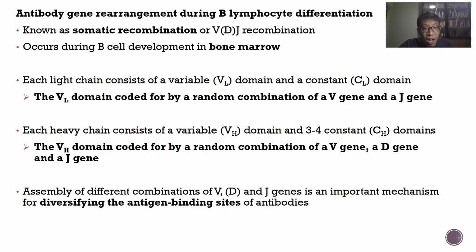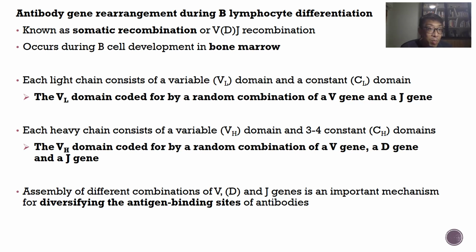Okay, so this is known as somatic recombination, and the selection of the combination, whether it's VJ for the light chain or VDJ for the heavy chain, is random, right? So different B cells will have a different combination of VJ and VDJ genes, so they can express different variable regions for the light chain and different variable regions for the heavy chain.